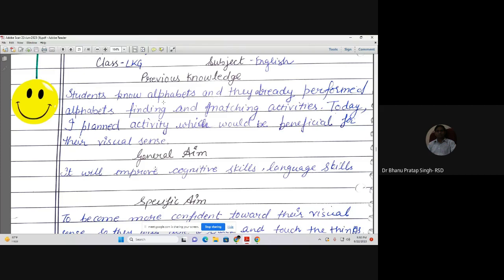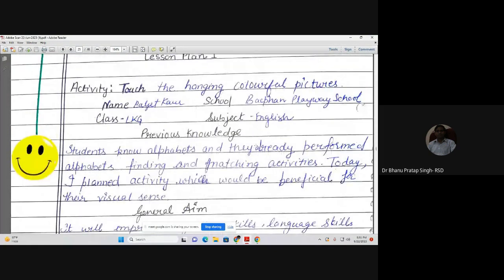Okay, this is the one alphabet B. They already performed alphabet finding and matching activities. Today I planned activities that would be beneficial for their visual sense. Okay, in this particular activity, the teacher is developing visual sense.